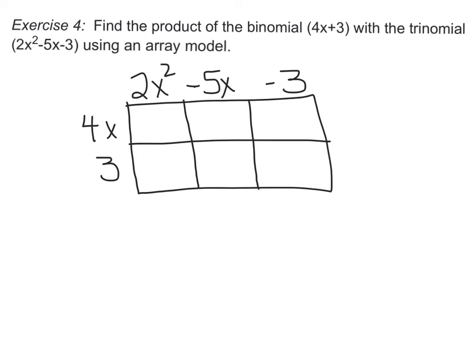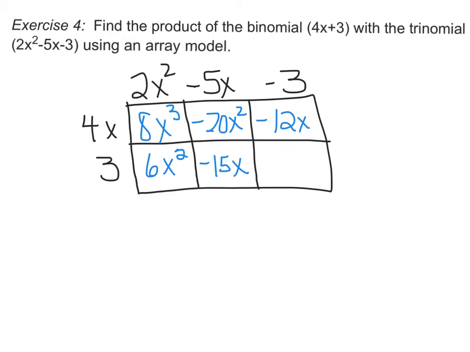4x times 2x squared, giving me 8x to the third. 4x times negative 5x is negative 20x squared. 4x times negative 3 is negative 12x. Now go to the second row. 3 times 2x squared gives me 6x squared. 3 times negative 5x is negative 15x.